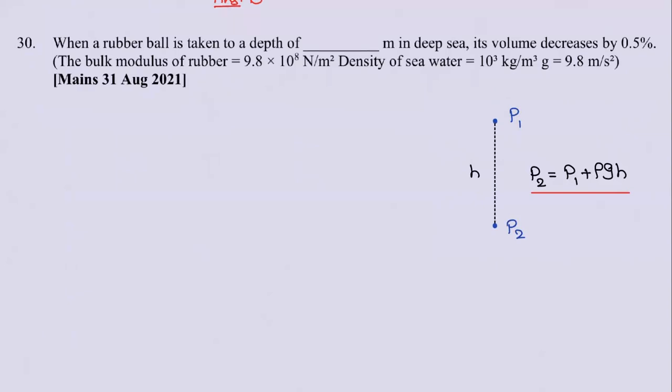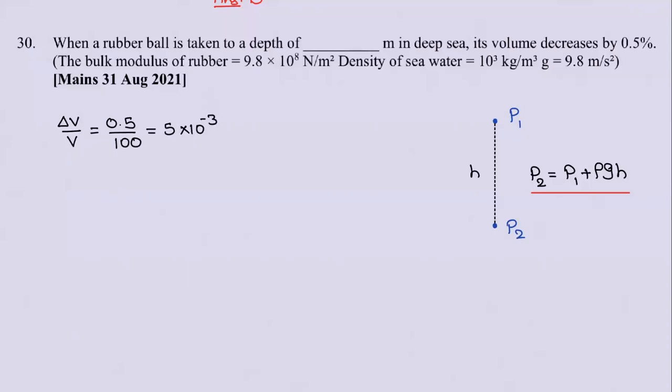We'll continue. Now, a rubber ball is taken to a depth in the deep sea, and the volume decreased by 0.5%. So let us write like this: delta V by V is equal to 0.5%. It will be 0.5 by 100. So I can write delta V by V as 5 into 10 power minus 3.